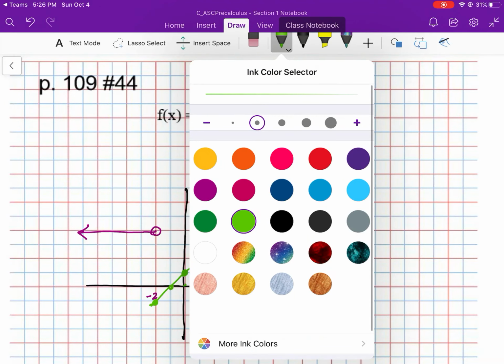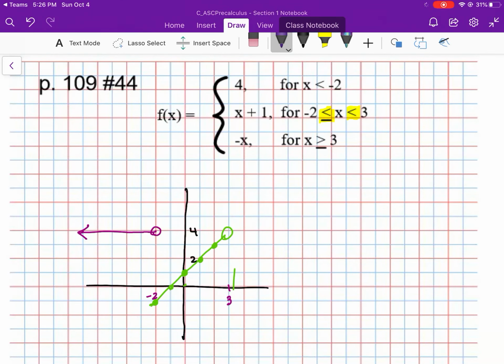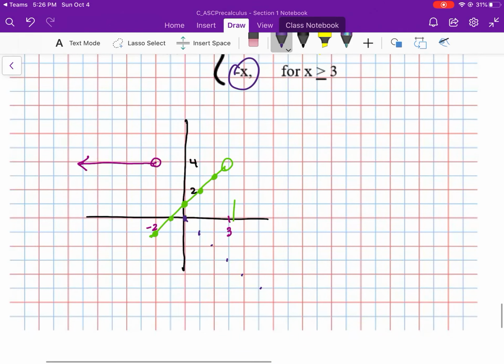All right, let's pick a new color. I don't know, dark purple. All right. So this graph, negative x, would normally start here and go down like this, right? The y-intercept is 0. Well, I can't really include those y-intercepts because none of these points really should I include.